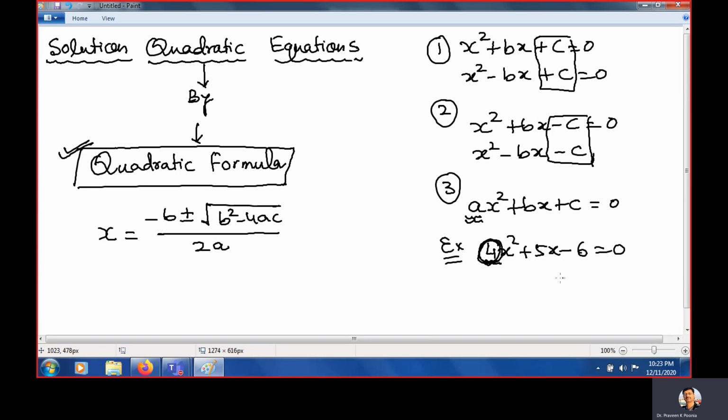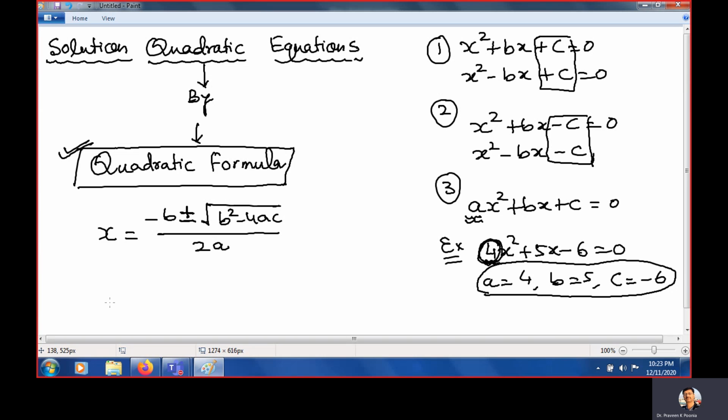So you compare this equation. What is the value of a here? 4. What is the value of b here? 5. What is the value of c here? Minus 6. So you need to find the values of a, b, c with their signs. Minus means minus, plus means plus. Put the values here. While solving, one time take plus, one time take minus.